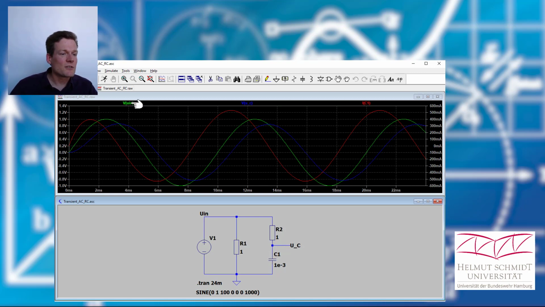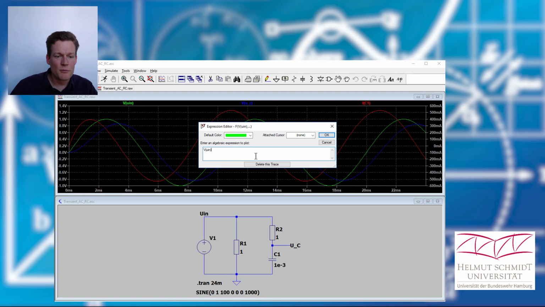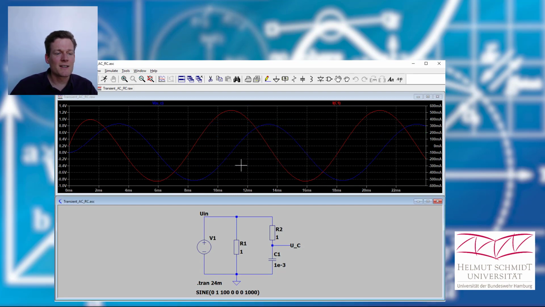I'll take out the input voltage and now let's just compare. In blue we have the voltage at the capacitor and in red we have the current. You see they are both sinusoidal and they have a phase shift of 90 degrees.